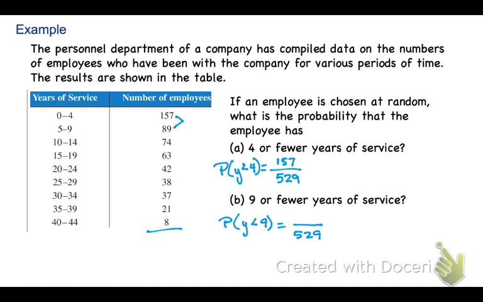We have to add 157 and 89, but they are mutually exclusive, right? I can't be there both 4 years and 5 years, can I? No, so I don't have to subtract anything like I did with the cards. So I just add those, 246. And if I want to make sure it reduces or not, 246 divided by 529. And it doesn't reduce.